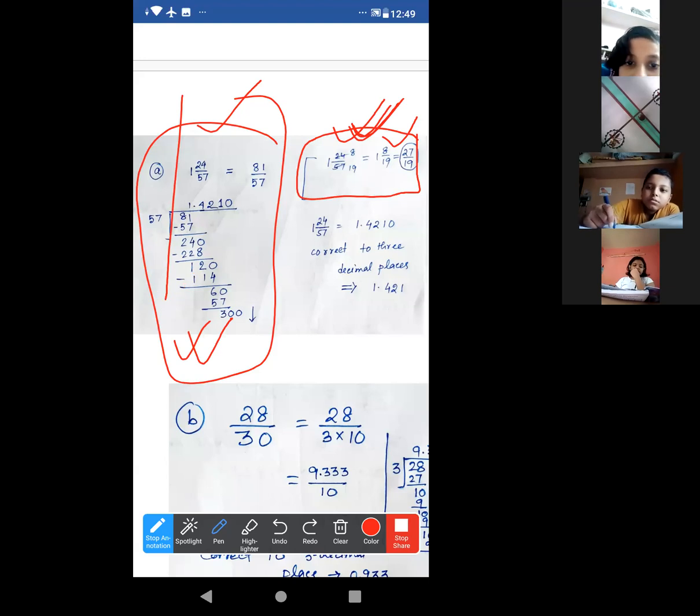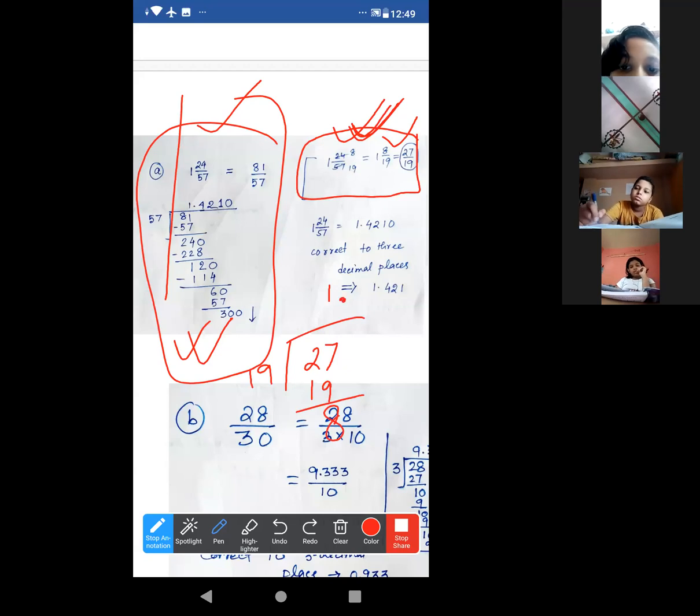Now just look at this. It is 27 and we are dividing it by 19. 19 1s are 19, right? Then 8 will come. Then by putting this decimal point, we have to put 1 0.